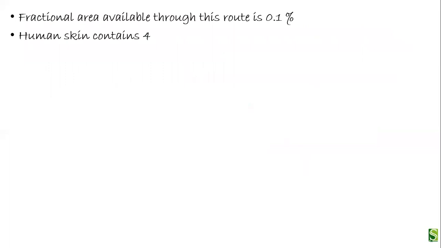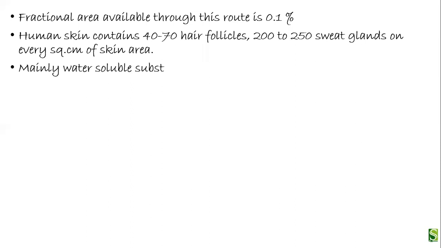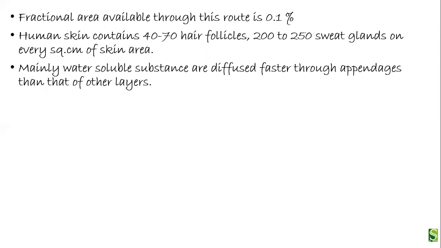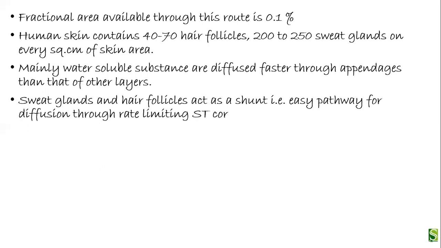The fractional area available for the transappendageal route is only 0.1%. Human skin contains 40 to 70 hair follicles and 200 to 250 sweat glands on every square centimeter of skin area. Mainly water soluble substances diffuse faster through the appendages than through the other layers. So sweat glands and hair follicles act as a shunt, that is, an easy pathway for diffusion past the rate limiting stratum corneum layer.